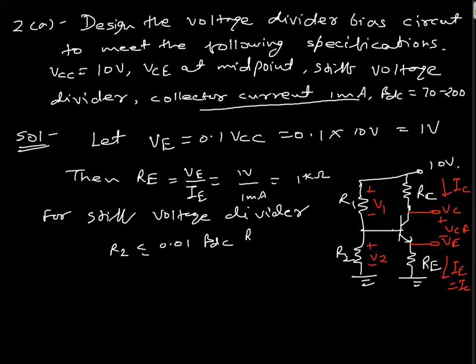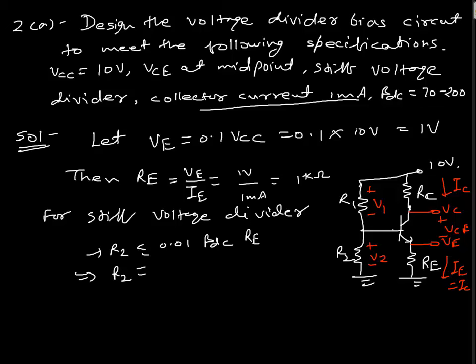So this is the condition for a stiff voltage divider design. Okay, so R2 should be either less than or equal to. So we are going to assume the value of R2 is equal, because we are designing. So we just need to follow these conditions. R2 can be either equal or less than that. So we are considering for equal design.